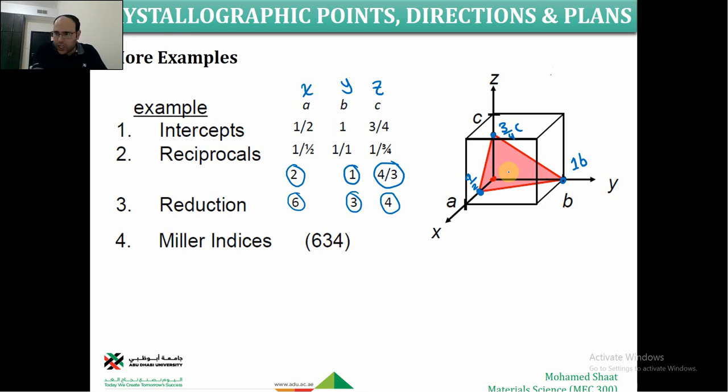After you divide all the other indices by this smallest number, like the 3 in this case, you try to divide 6 over 3, which gives 2, an integer. 4 over 3 gives a fraction. So there is no further reduction over the 6, 3, 4.